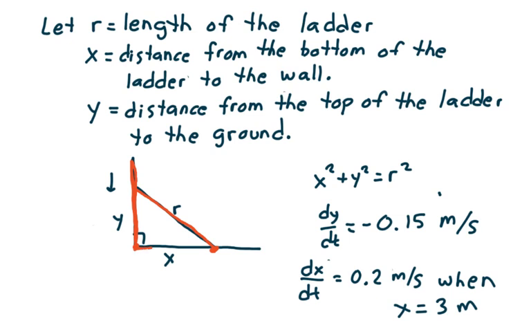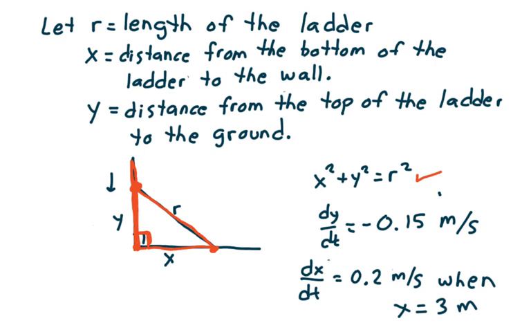So that's this piece right here. And I'm going to let Y equal the distance from the top of the ladder down the wall to the ground right here. And we have a right angle here between the wall and the ground. And notice how we have a right triangle. So we know that x squared plus y squared equals r squared.